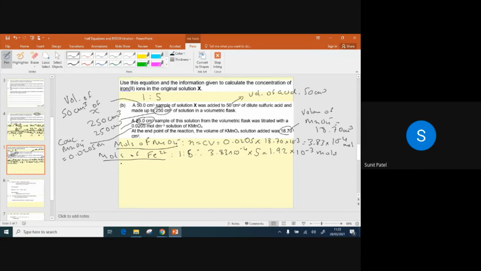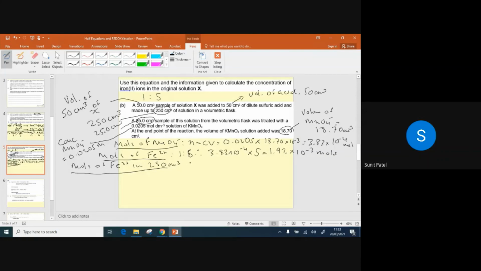Now what I've got is a factor of 10 that I've taken out, and that was from the 25 cm cubed from the 250. Therefore, what I've got here is moles of Fe2 plus, but inside the 250 cm cubed. That's what I need to find out, because that's where the moles came from before I did the titration. So I've got to account for the number of moles there.